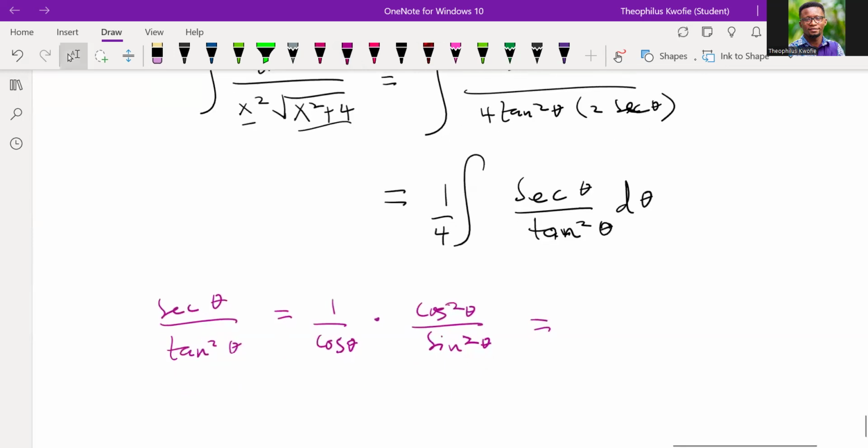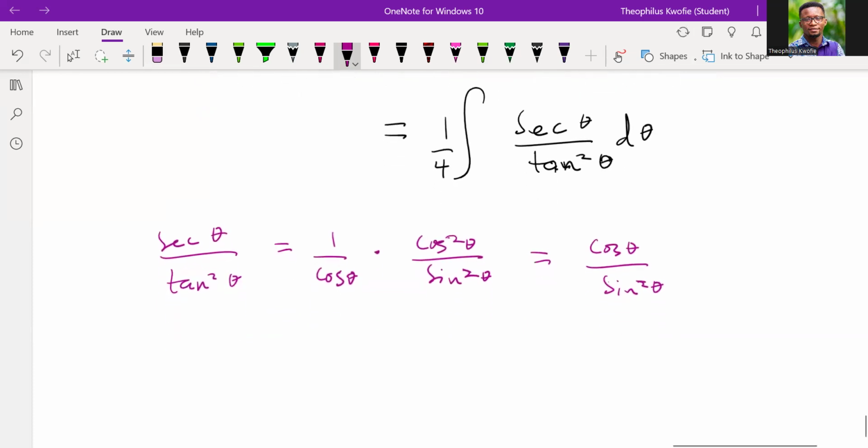Remember, tan theta is always equal to sine theta over cosine theta, but because now tan is in the denominator, we have to reverse it. By reversing, we should be able to have this, and when you further simplify and do some cancellations, you should be able to have cosine theta over sine squared theta.